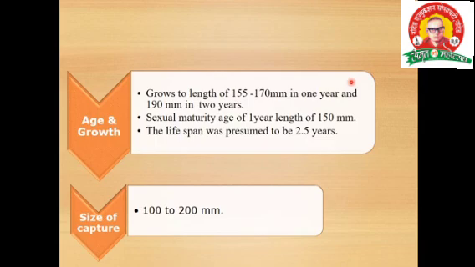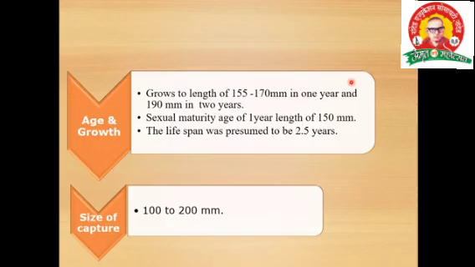Then about the age and growth, all are the points of view of biology that we are explaining: distinct characters, reproduction, food and feeding, and that's the age and growth. Grows to length 155 to 170 mm in 1 year, and 190 mm in 2 years. This is the growth rate.